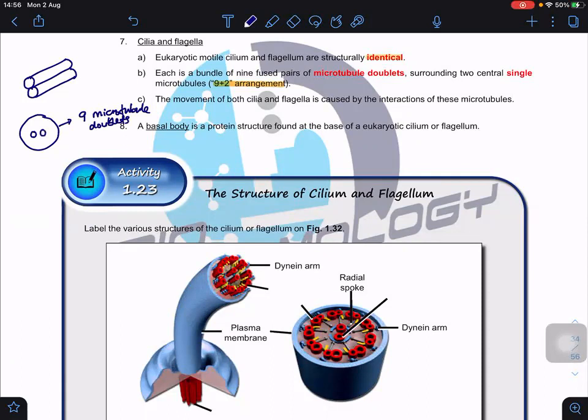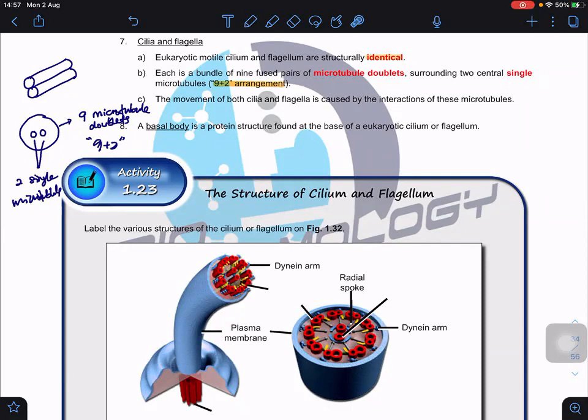They don't join together, so here we have 2 single microtubules. Therefore, we call this a 9 plus 2 arrangement. The 9 here refers to the microtubule doublets surrounding the 2 central single microtubules. The interaction between the dynein proteins as well as the central and outer microtubules allows the movement or beating action of the cilia and flagella.